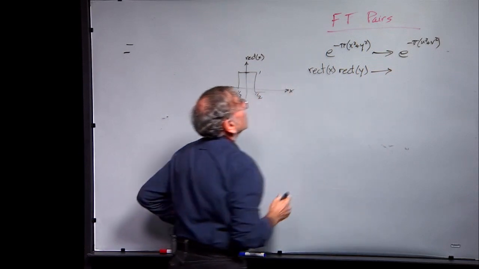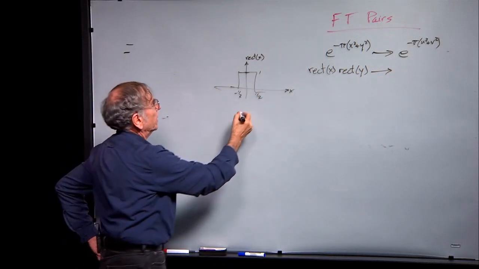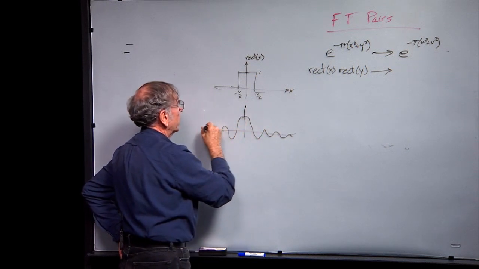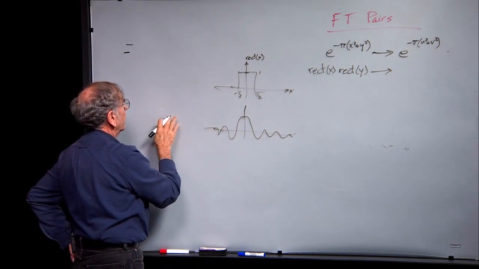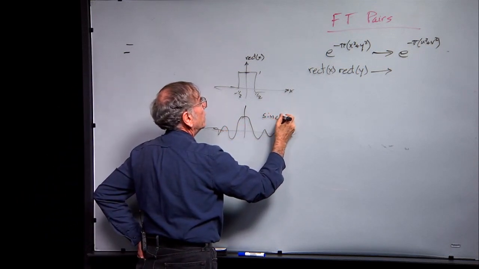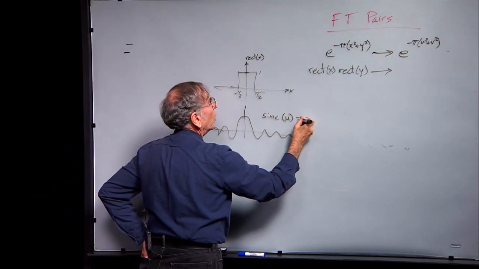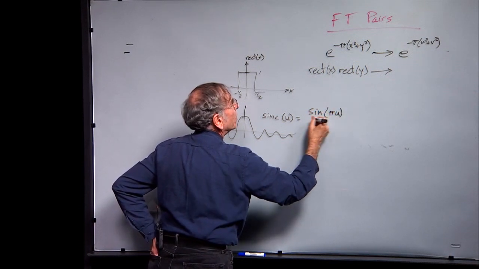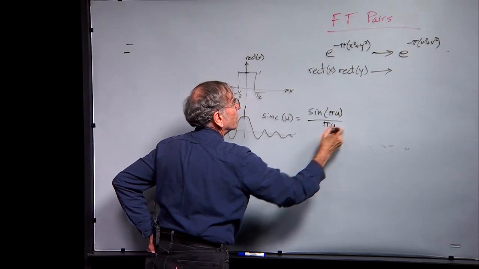And you remember that the Fourier transform of the rect function is this horrendous thing that looks like this. It has zeros at every unit interval, and it goes by the name of the sinc function, which is sine of pi u divided by pi u.